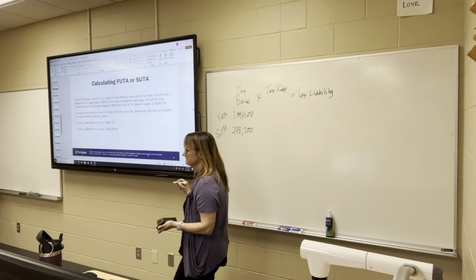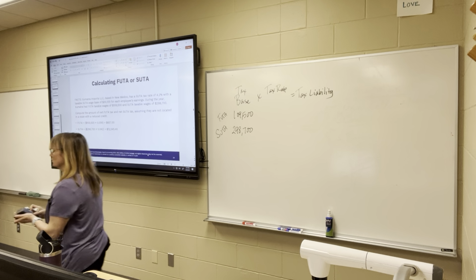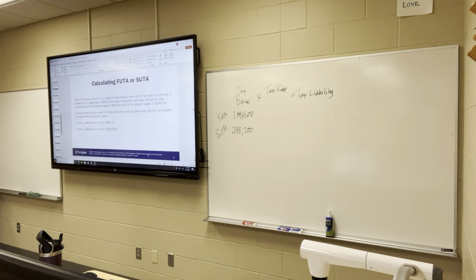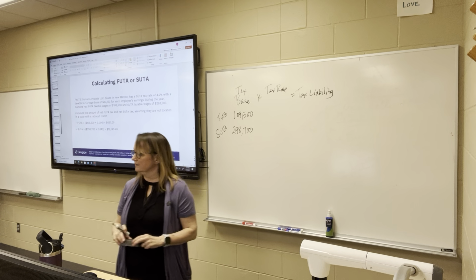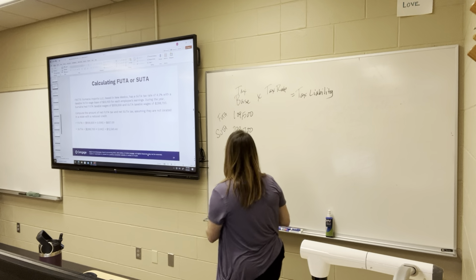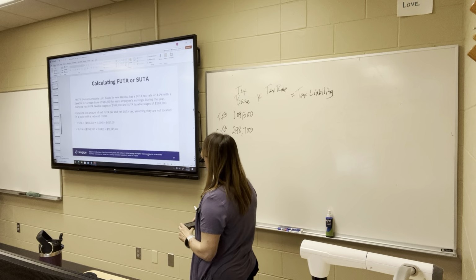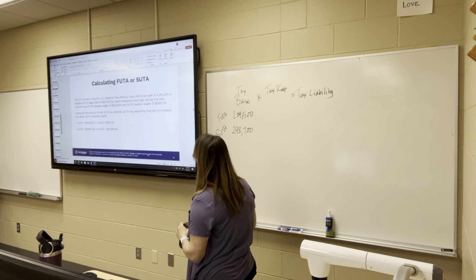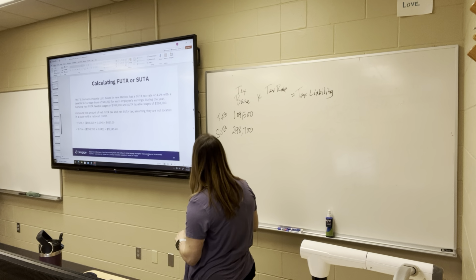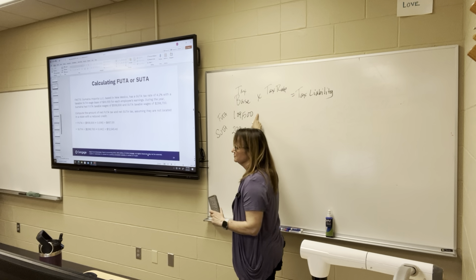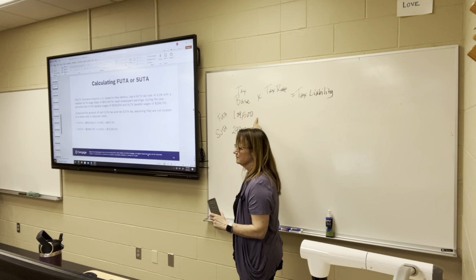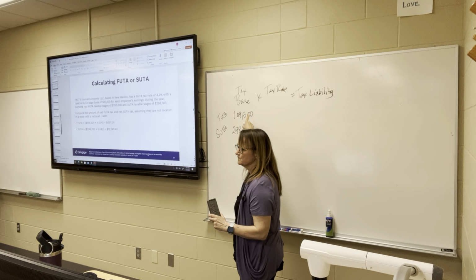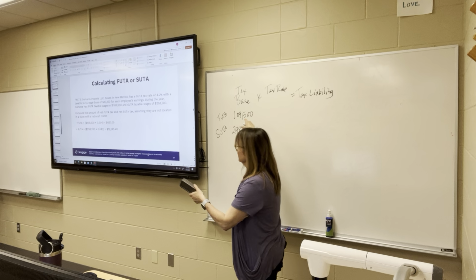That's a weird number to be a base. It's not even, but it kind of makes sense. So what they're telling us, remember, what is the maximum amount of wages that are going to be subject to FUTA per employee per year? 7,000, right.